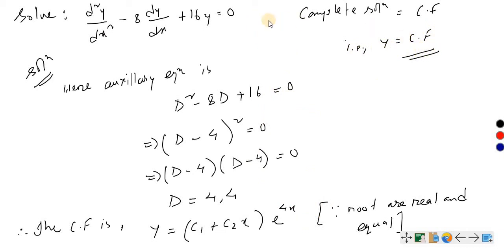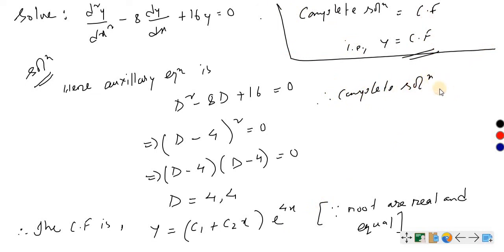If r is not equal to 0, then we have to find the particular integral. Therefore the complete solution is y equals (c1 plus c2x) e to the power 4x.